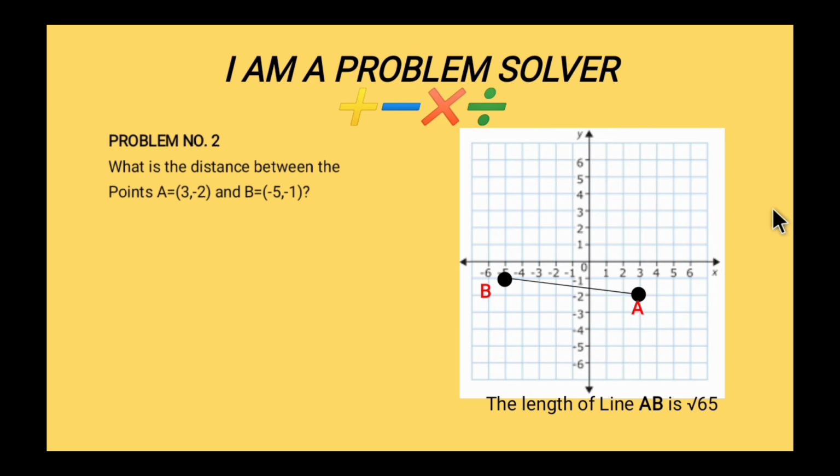What is the x sub 2, x sub 1, y sub 2, and y sub 1? So the given. The x sub 2 is negative 5. The second given. Kung mapapansin nyo, A, B. So we have x sub 2, then we have the x sub 1, then we have y sub 1, y sub 2.